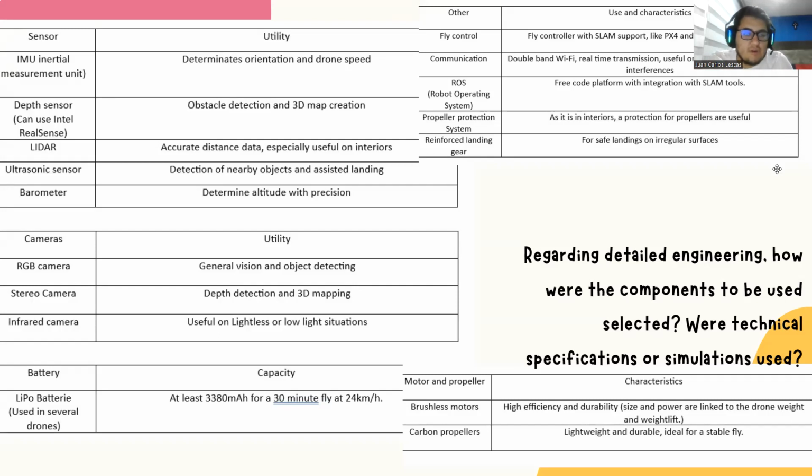The battery of the drone is rated at 3,380 mAh for 30 minutes of flight at 24 kilometers per hour. And the flight control is with SLAM, with open source support like PX4 and ArduPilot. Communication is dual band Wi-Fi with real-time transmission, and ROS is the Robot Operating System, a free code platform with integration with SLAM tools.